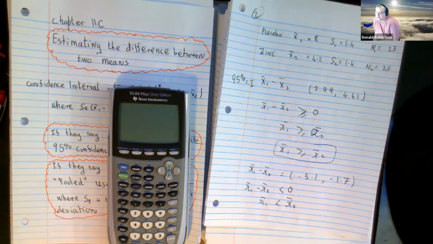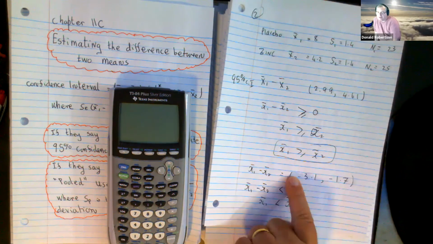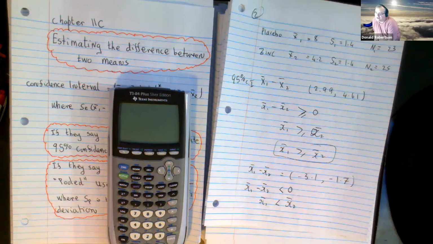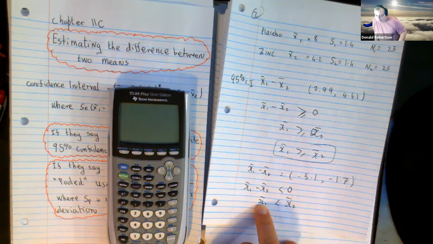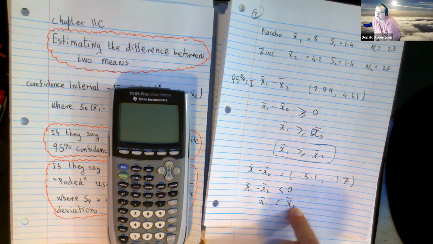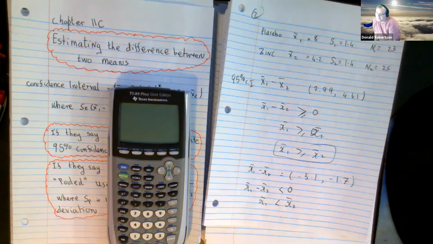If the difference between them is a negative number, doesn't that make the first thing smaller than the second? Small thing, take away bigger thing, gives you a negative answer. So you could use this interval as proof that the first population has a smaller average than the second population.